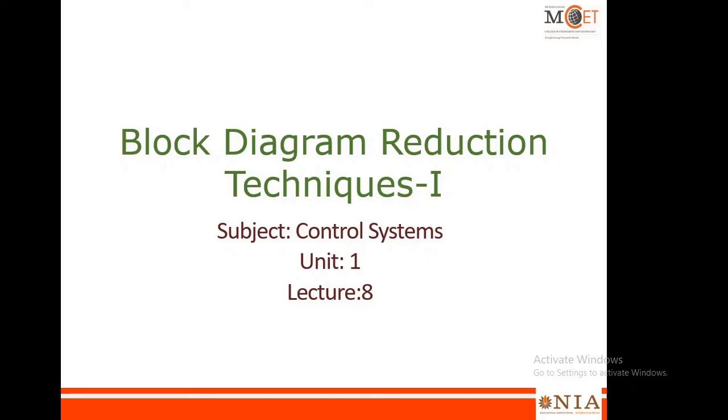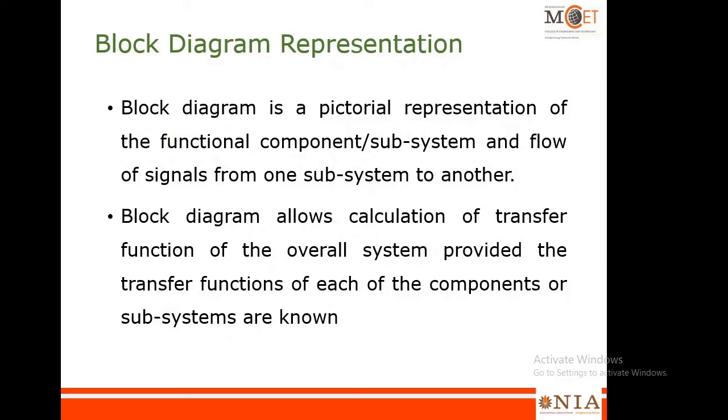In this session, we will be dealing with block diagram reduction techniques. Block diagram basically is a pictorial representation of a control system. This gives information on the subsystems involved in the entire system, the direction of flow of signals, and how all these subsystems are connected so as to form the entire system.